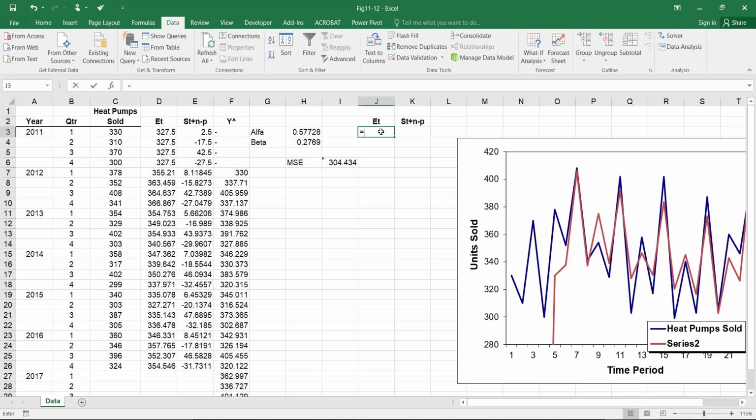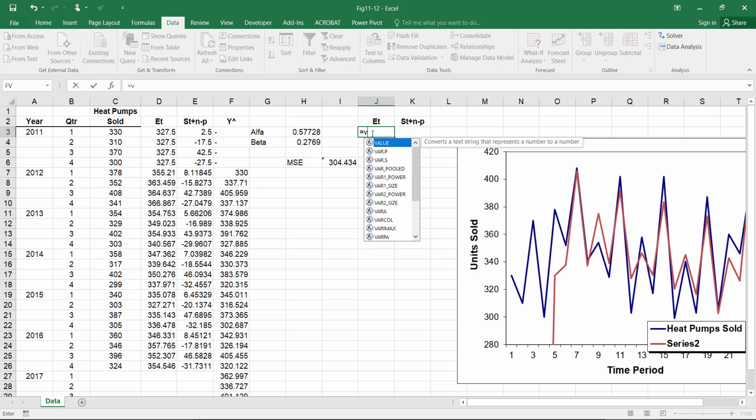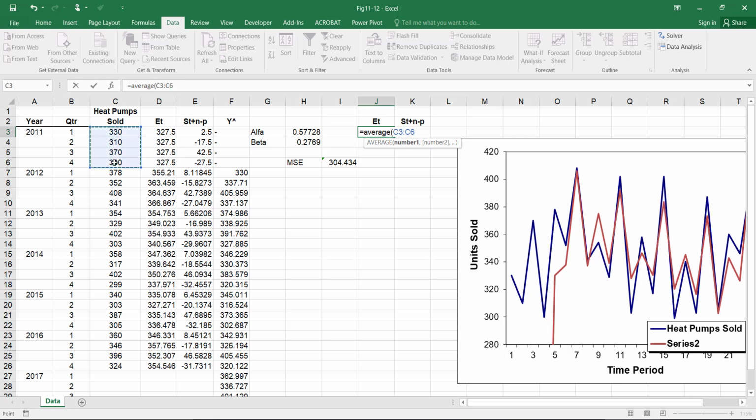So again, for the first period we have to use the average. So it becomes the average of the first observations that we have for year 1, because here P is 4, so we have to use this average.